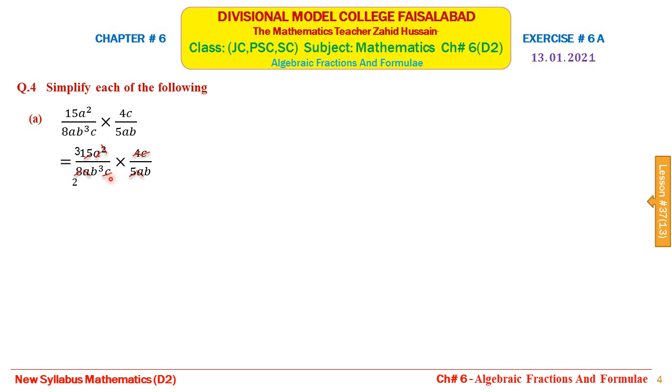And we are left with the 3 in the numerator and 2b cube in the denominator of the first fraction and b in the denominator of the second fraction. So we will multiply these two denominators. 2b cube multiplied with b will give us 2b to the power 4, and in the numerator there is 3 only. So our final answer is 3 over 2b to the power 4.